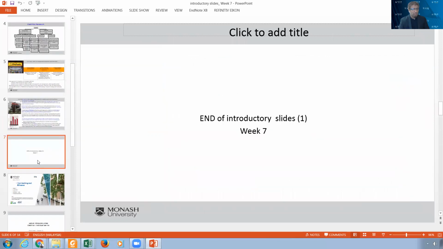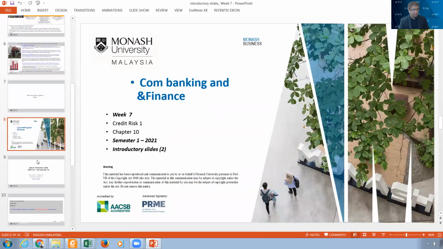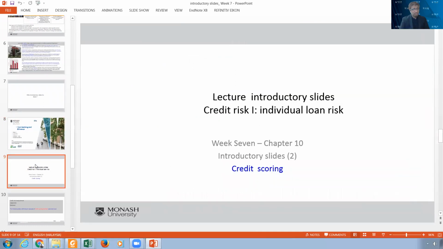Now, let me move a little bit to credit scoring. Credit scoring is a very important issue, and this is when we talk about hard information. When you go and take a credit card, for example, you can fill in the information online, or you can find people around in shopping malls and gas stations giving you applications.